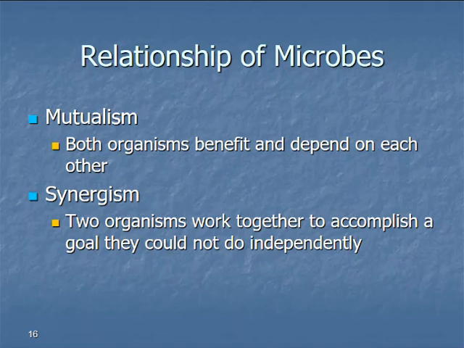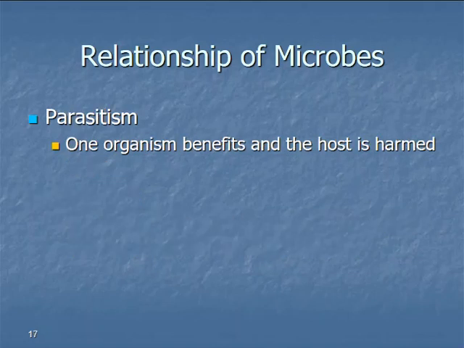Synergism is where both will work together to accomplish a goal that if they were separate, they would not be able to do. So they're both needed in order to survive. Parasitism, this is one in which the organism benefits, but the host is harmed.